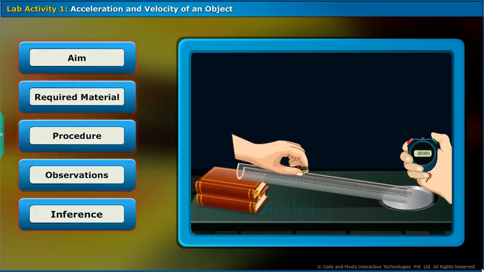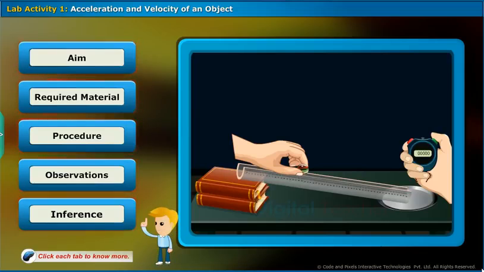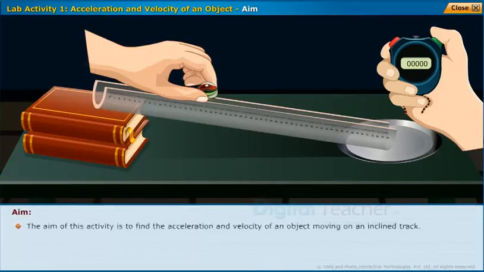Let us do a lab activity to find the acceleration and velocity of an object moving on an inclined track. Click each tab to know more. The aim of this activity is to find the acceleration and velocity of an object moving on an inclined track.